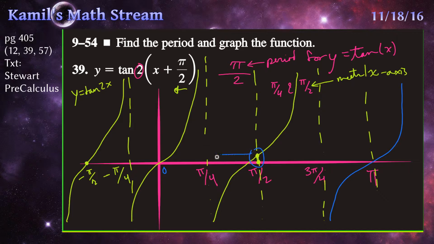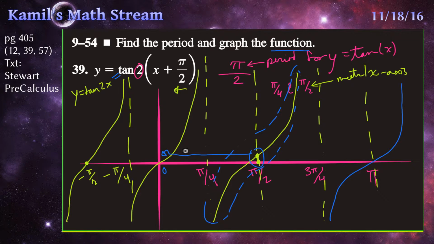You just shift the entire graph, an entire period, to the left. And if you shift any function by its period, then really you're not changing the graph. These are the same. This is the same as this, right?